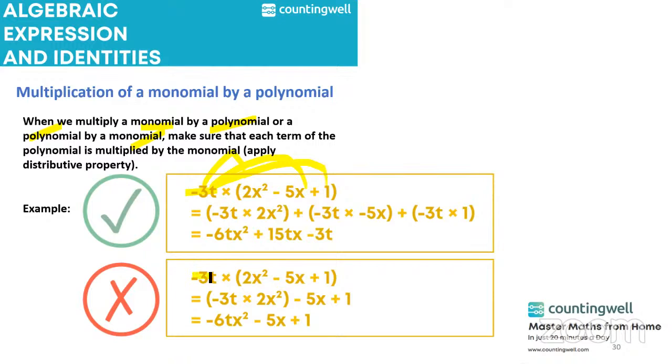Whereas in the second step, the child has multiplied only with the first term and kept the remaining two terms as they are, which is the wrong way. So here you can see minus 3t into 2x square. So we have minus 3 into 2 is minus 6tx square, plus minus 5 into minus 3t, we have plus 15t.